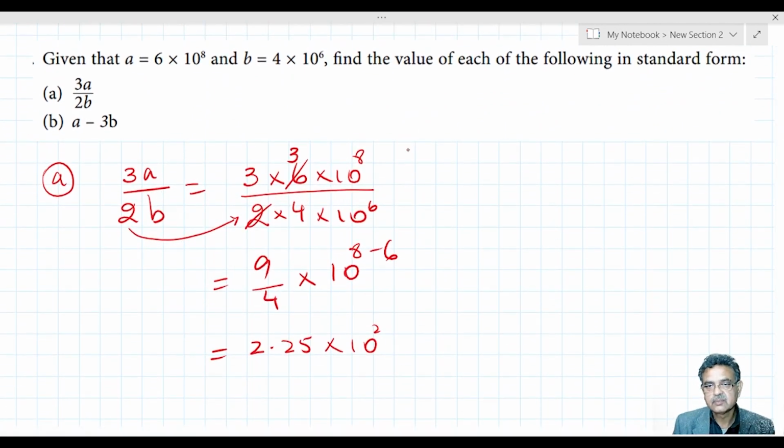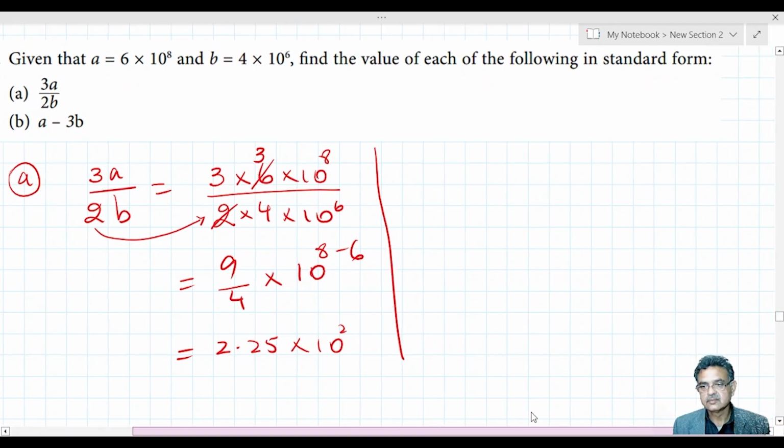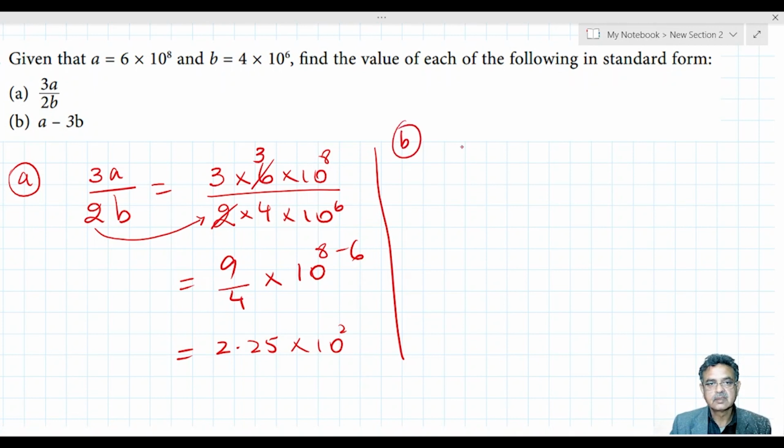And now part B. Part B, A minus 3B, then A is 6 into 10 raised to the power 8 minus 3 times 4 into 10 to the power 6.